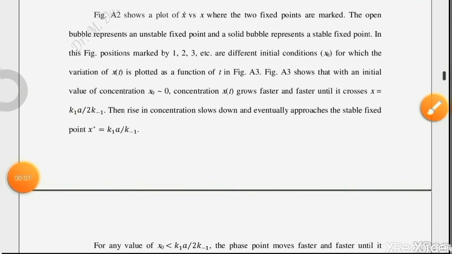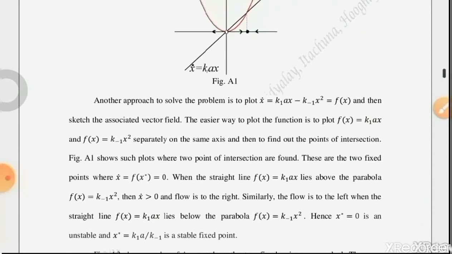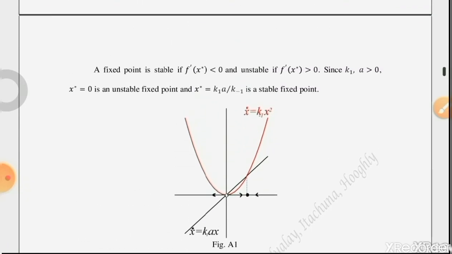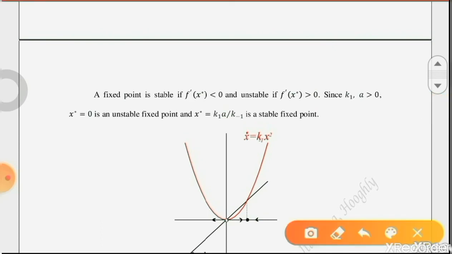Here we have obtained the stability of a fixed point by linear stability analysis, where we have mentioned that a fixed point is stable if f prime x at the fixed point is less than 0, and it is unstable if f prime at the fixed point is greater than 0.